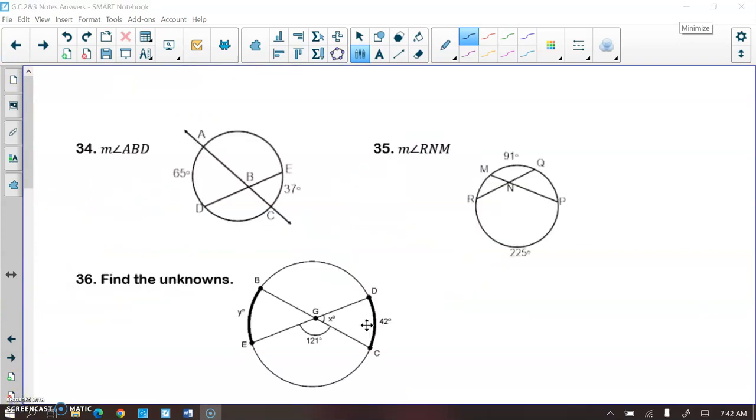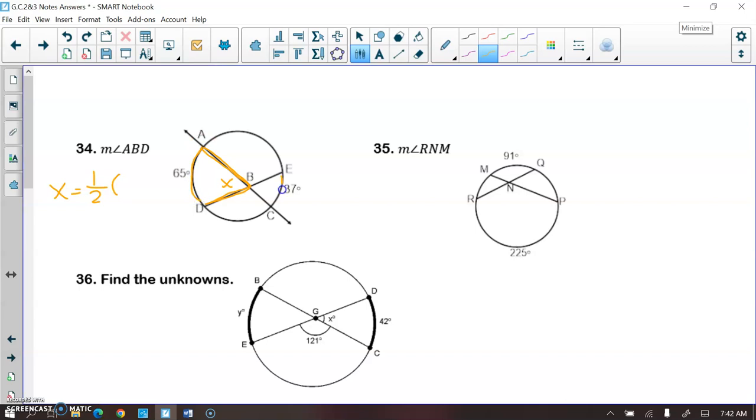Okay, moving on to the next page, we want to find angle ABD, which is created by a secant and a chord intersecting inside of your circle. So I'm going to label this angle X, is equal to half the sum of the arcs that these two lines intersect.